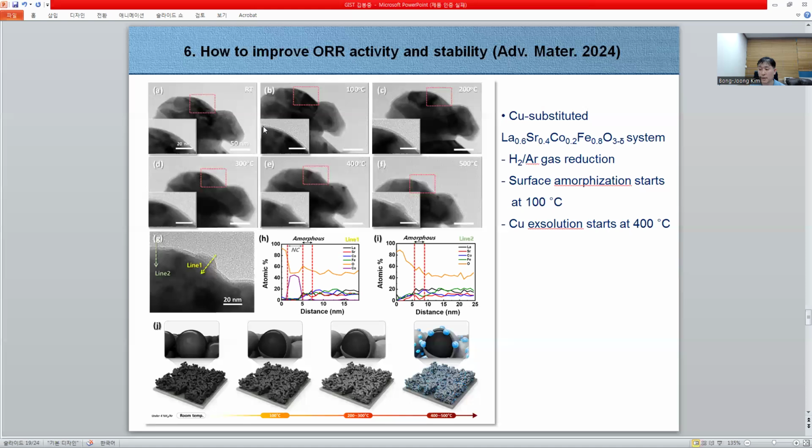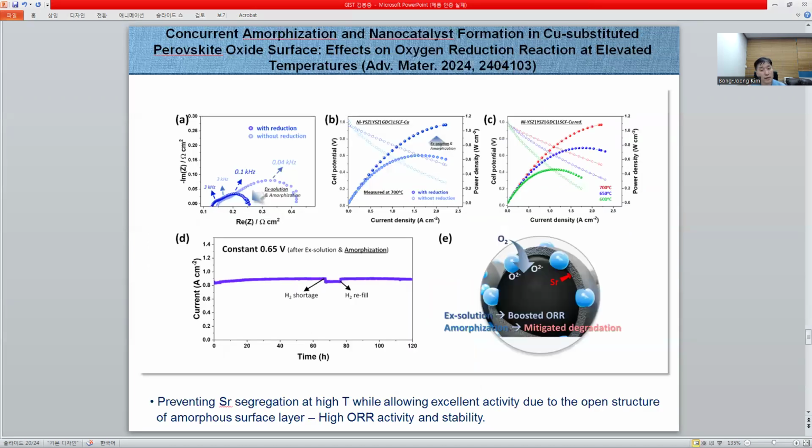As you can see, the lighter line on the surface is approximately 5 nanometers thick. Then at 400 degrees C, the doped copper atoms are exsolved to form nanoparticles. We tried to use this material for ORR for fuel cells.